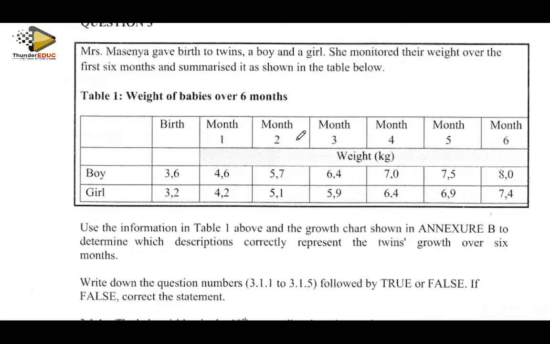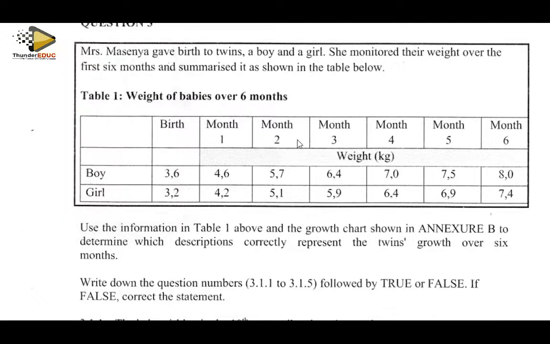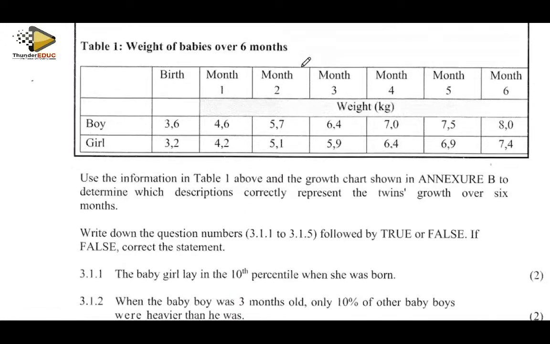Let us look at question number 3. Question number 3 says, Mrs. Semenya gave birth to twins, a boy and a girl. She monitored their weight over the first 6 months and summarized it as shown in the table below. The weight of the baby is over 6 months.